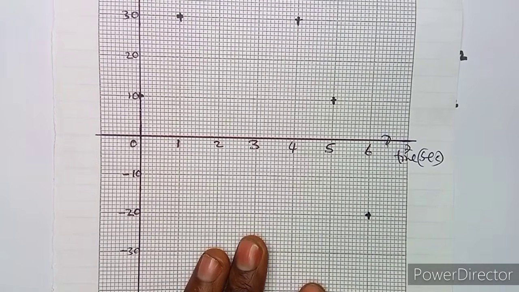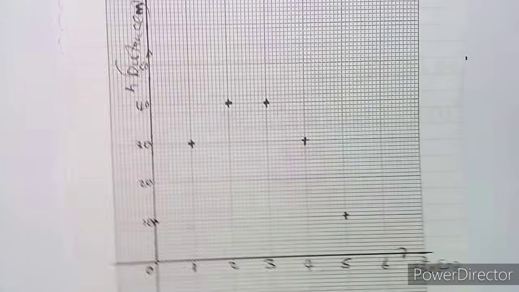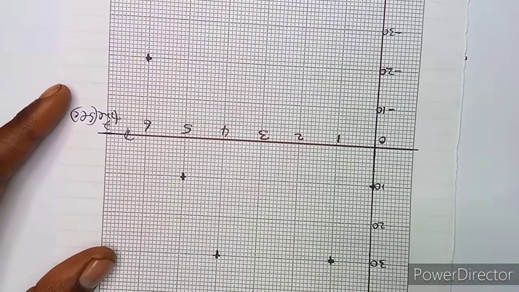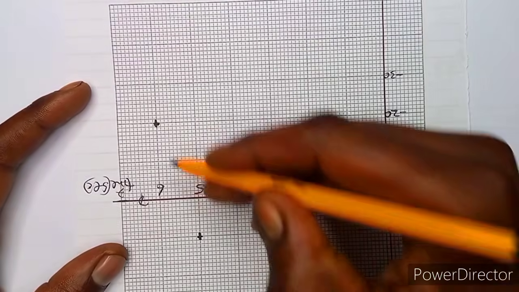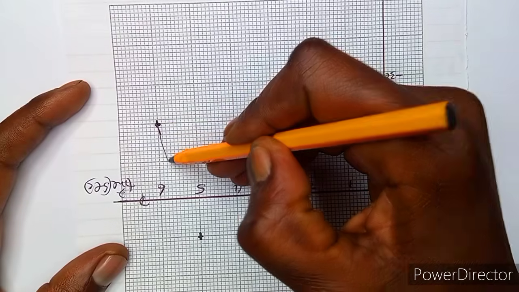So all you need is to join the points properly to produce the graph that you are talking about. So I'm just going to shift it a little bit so that I can maybe produce a nice shape here, guys. I'm just putting this upside down, so that is why it is looking like this.